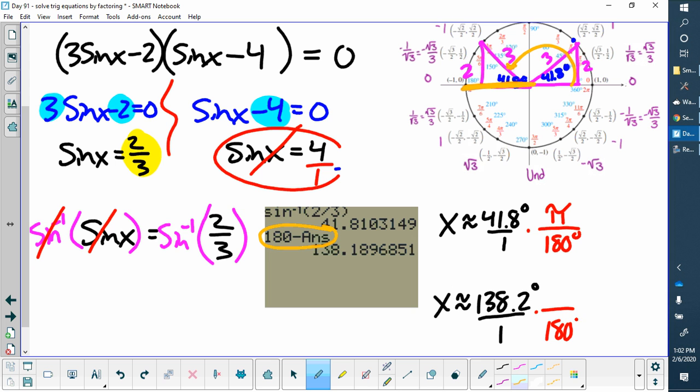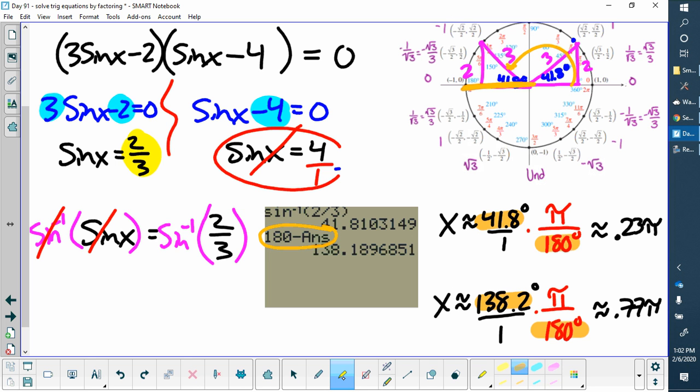Usually in radians, we don't include pi in the measurement, so I'm basically just going to turn this into a decimal and this into a decimal. And you're going to get approximately 0.23 pi radians and 0.77 pi radians.